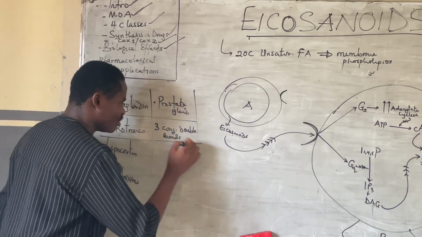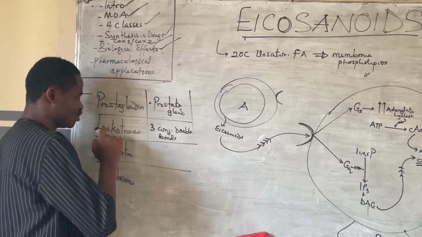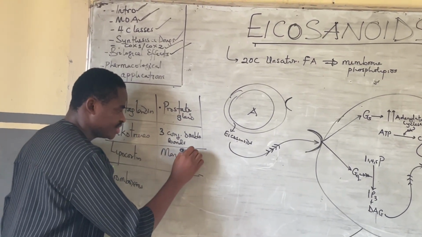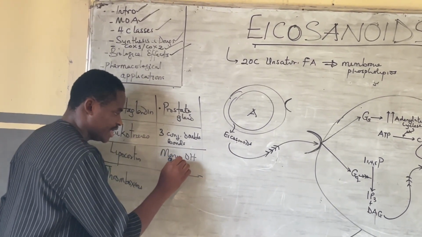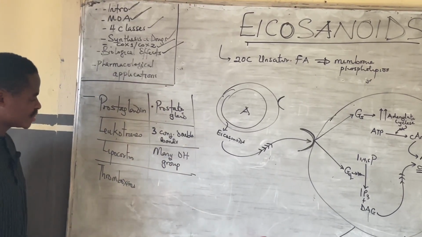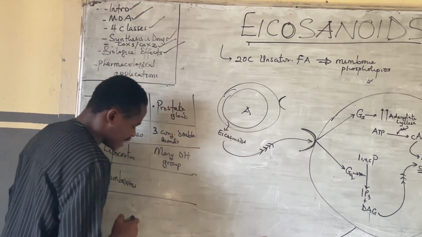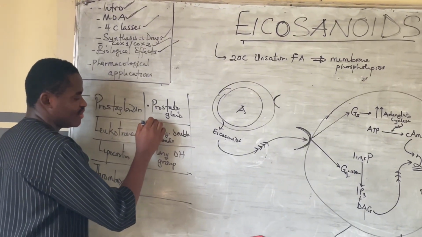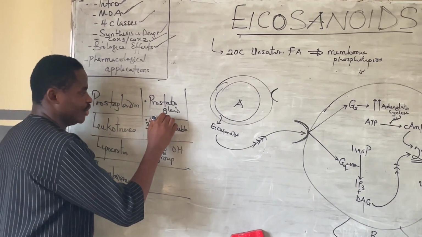Now, while lipoxins are similar to leukotrienes, the only difference is that they have many hydroxyl groups. While thromboxanes, like we said, are those that were originally discovered from platelets. Now, leukotrienes were also originally discovered from the leukocytes.